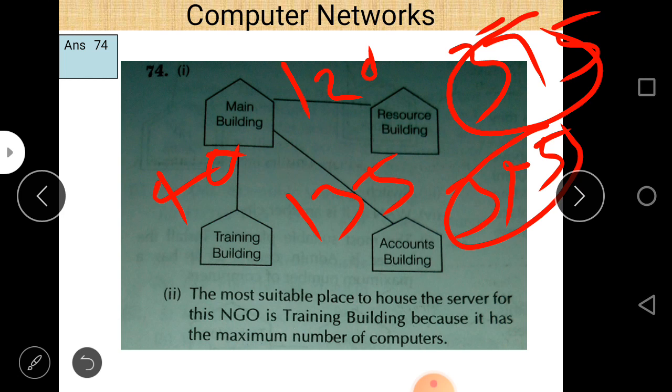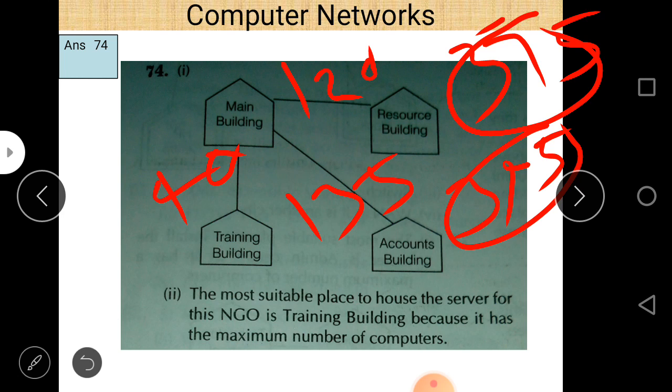Sometimes the cable distance in two different answers does not have a very big difference, then both of the answers are correct. But here keep in mind two things. First of all, try to reduce the cable length, and second, try to connect the building which has a server room, or server house, directly to all the other buildings.